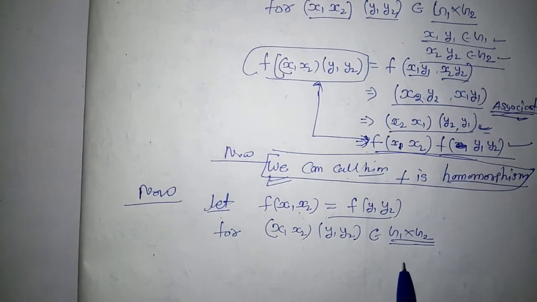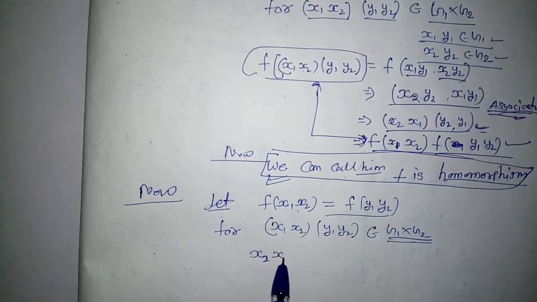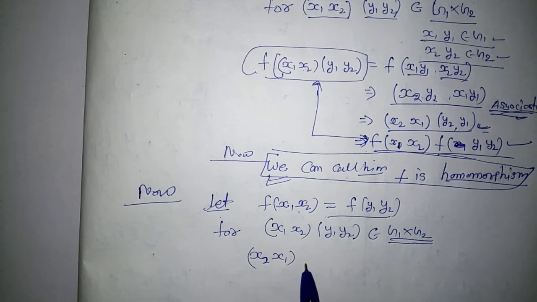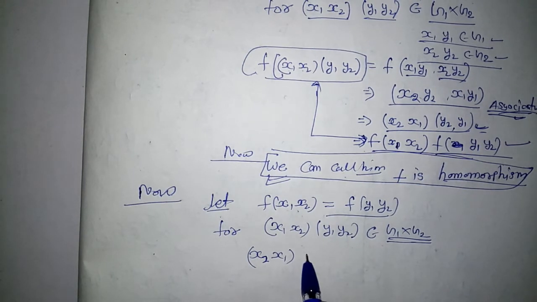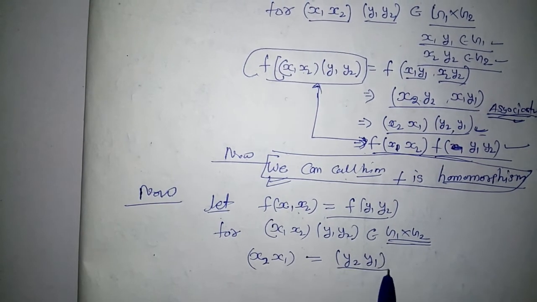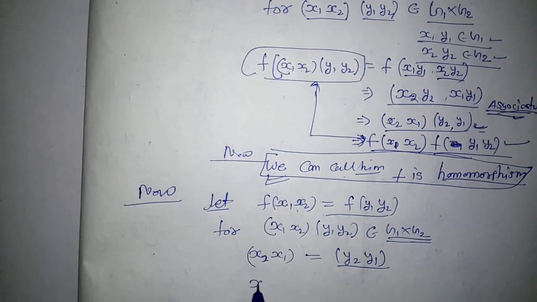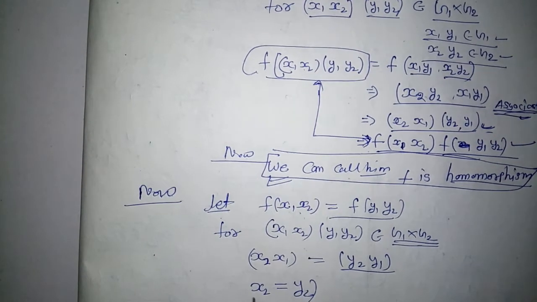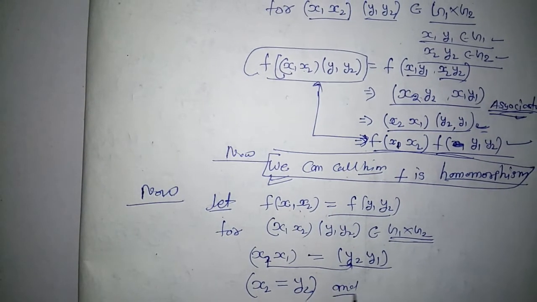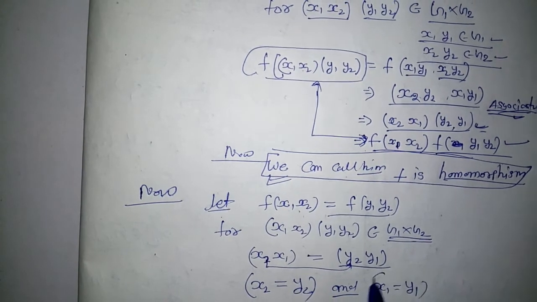Okay students, we also know that (x2, x1) is equal to (y2, y1), and we can also write x2 is equal to y2, and x1 is equal to y1.